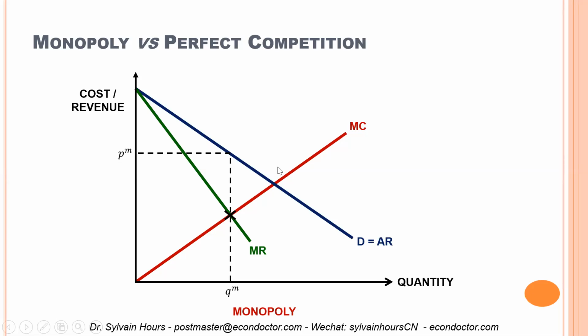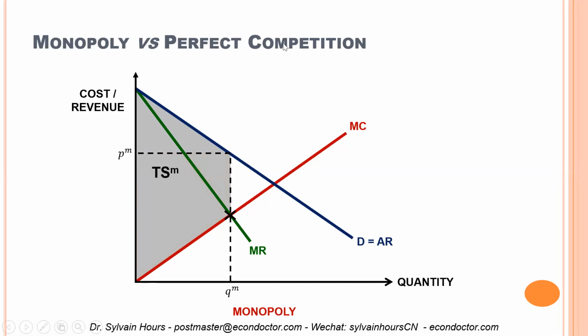Once I have that, I can identify the consumer surplus in the monopoly, the area above the price and below the demand curve. And I can identify the producer surplus, the area below the price and above the supply curve. If I add these two areas, I will get the total surplus. Is it maximum? Is it possible that we have a bigger surplus than that?